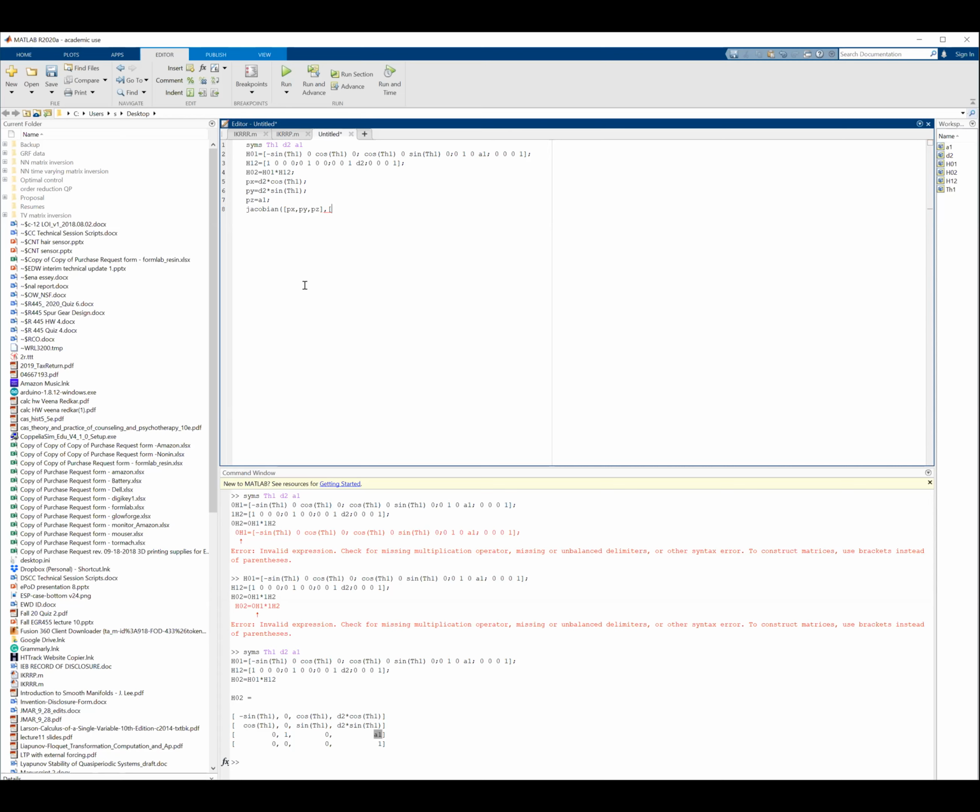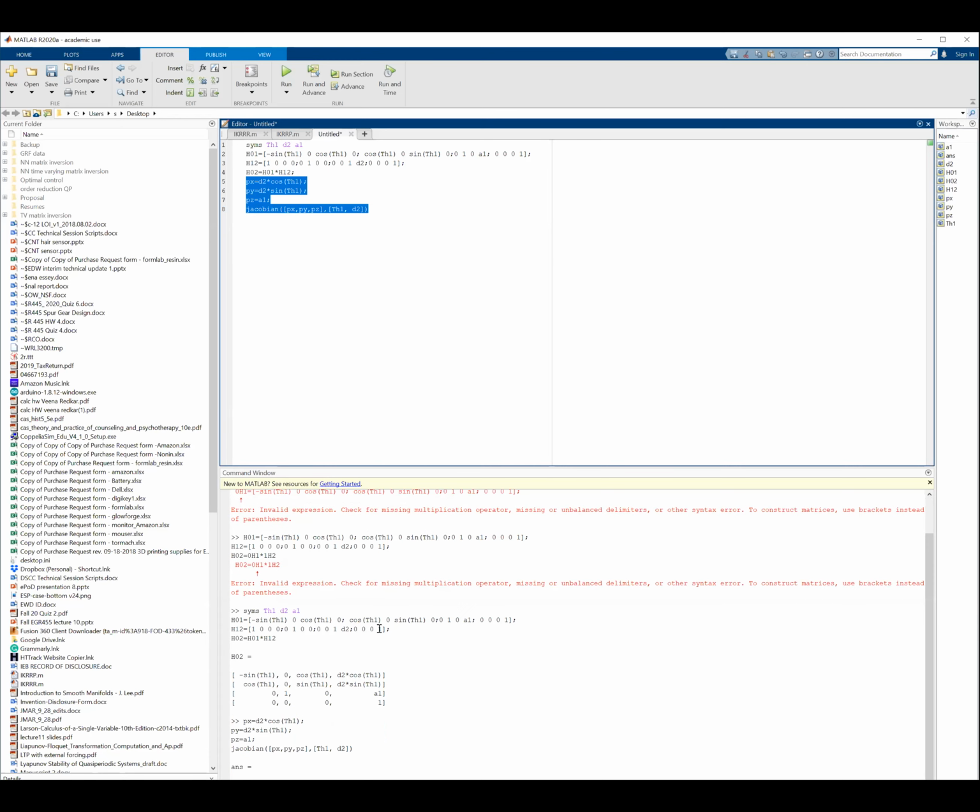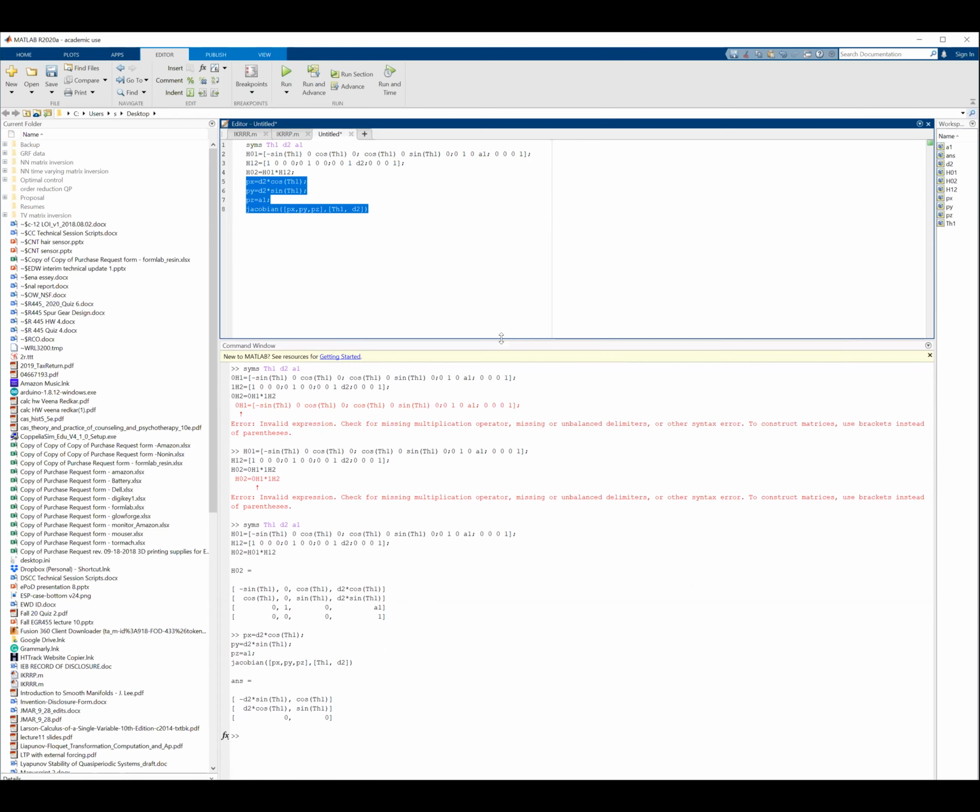The joint variables are th1 and d2. Run this, and here you have your Jacobian.